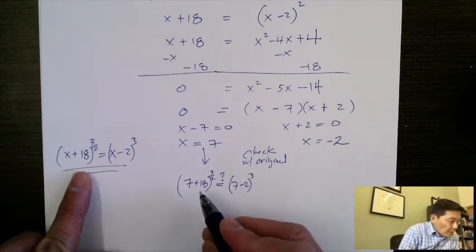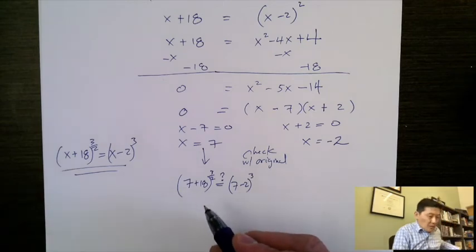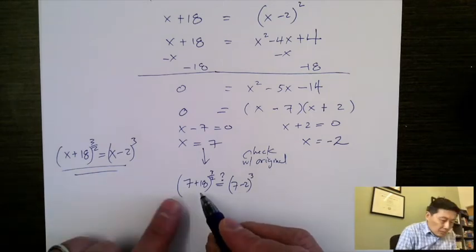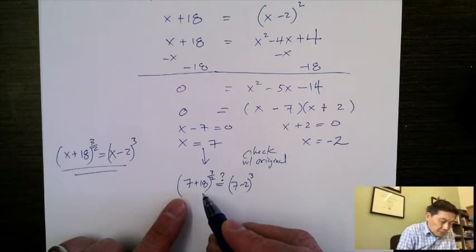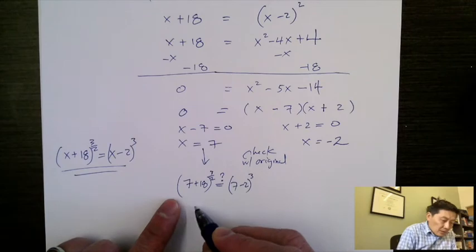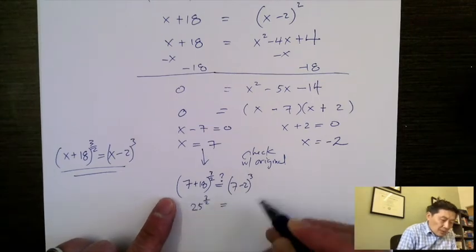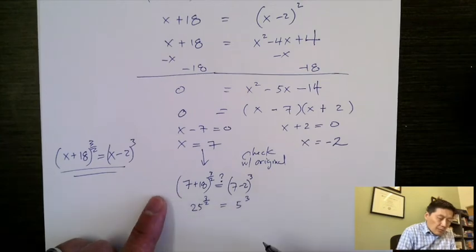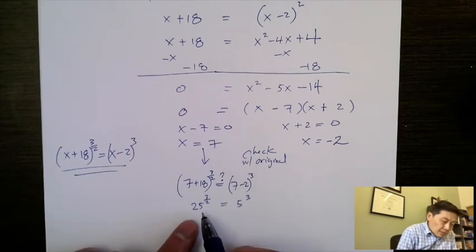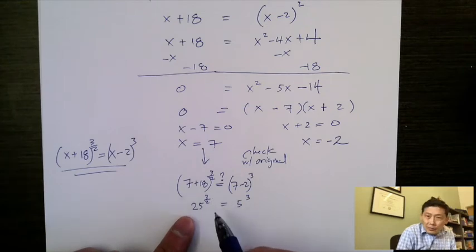So 7 plus 18 is equal to 25, right? So we got 25 to the 3 halves power is equal to 5 to the 3rd power. Now if you think about it, one part of the 3 halves power is the 1 half power, and the 1 half power is the square root.